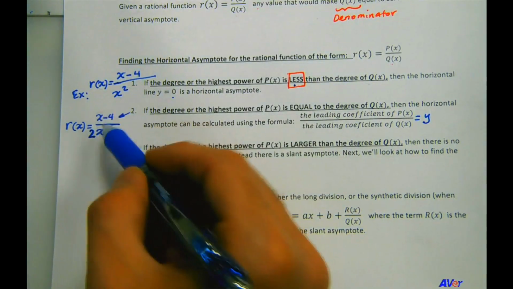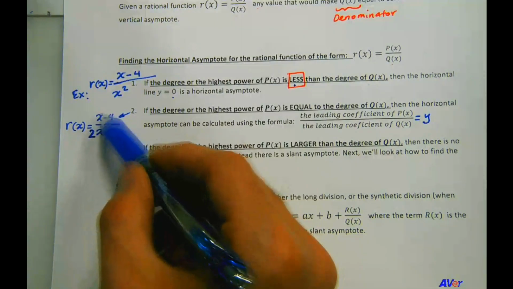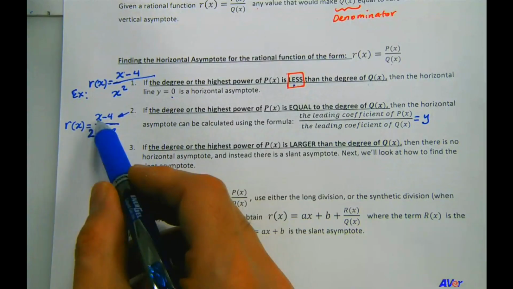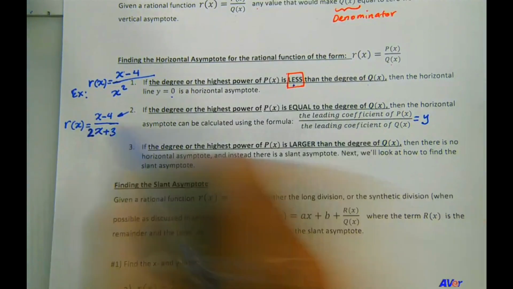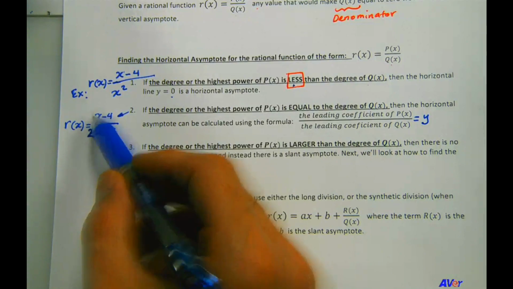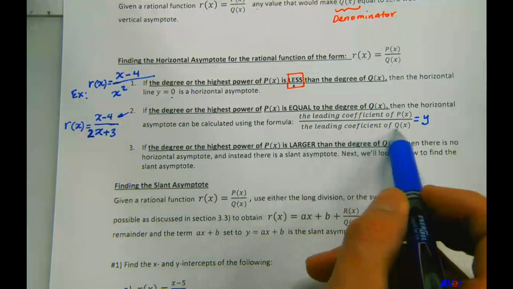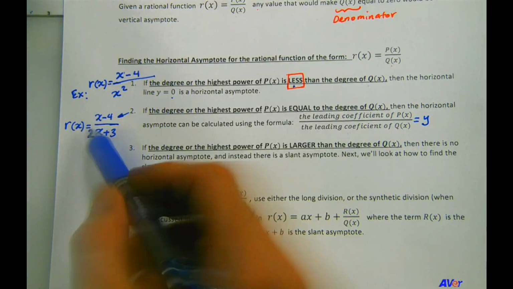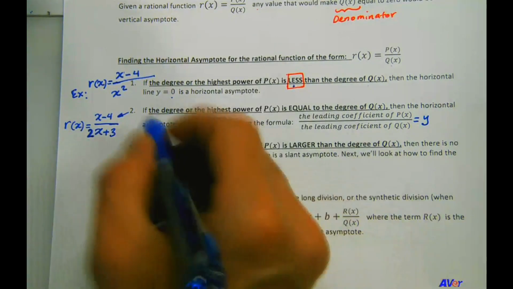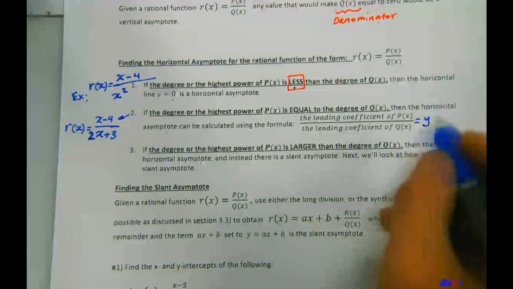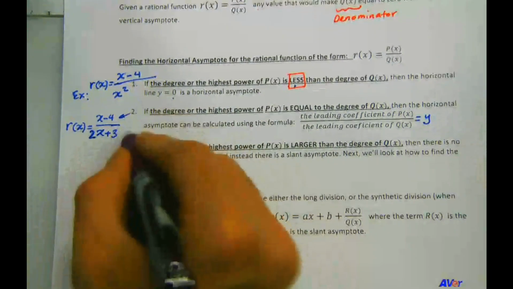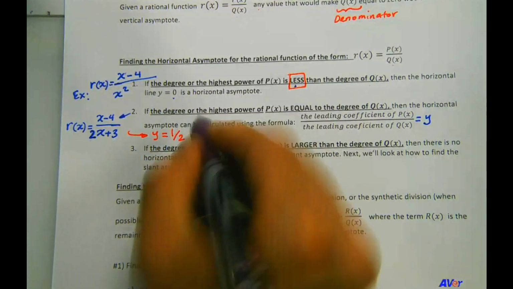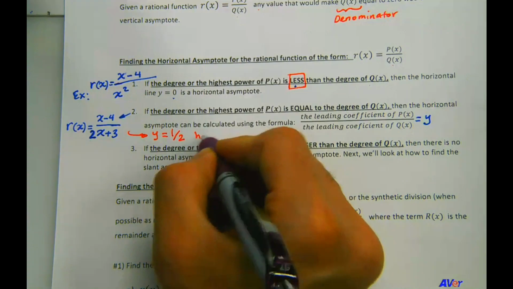So look at the coefficient, because the powers or degrees are equal, then the leading coefficient of p of x is 1, divided by the leading coefficient of q of x, that's 2. 1 over 2 is the horizontal asymptote. So y, in this case, y equals 1/2 is the horizontal asymptote.